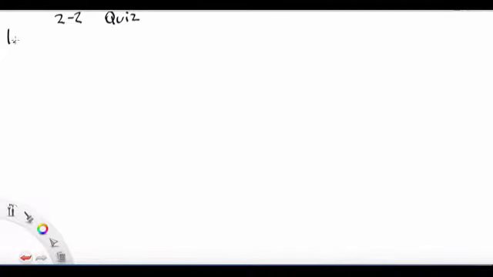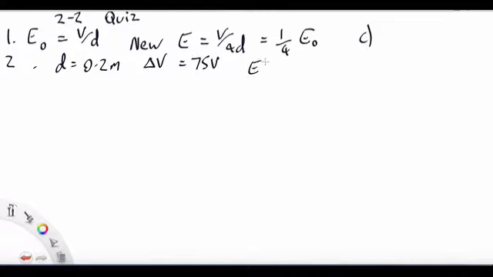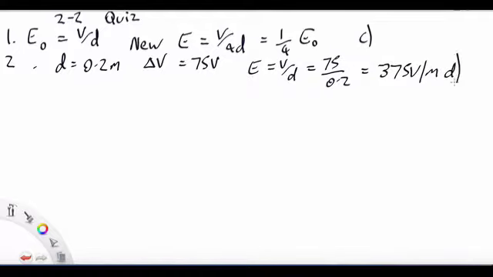Just to start with number 1, we've got E naught is V over D, but the new electric field is V over 4D, so it'll be a quarter the original field, so that's C. Number 2, we have D is 0.2 meters, delta V equals 75 volts, E equals V over D, 75 over 0.2, 375 volts per meter, which is D.